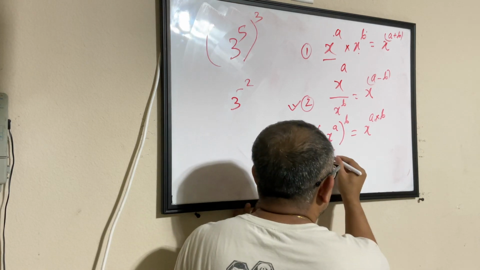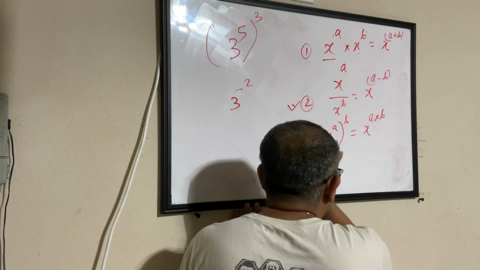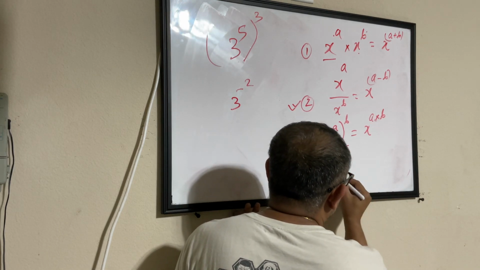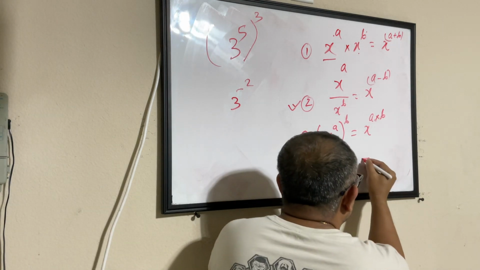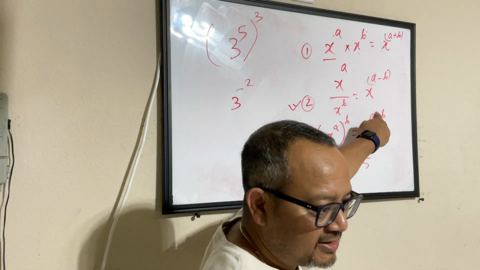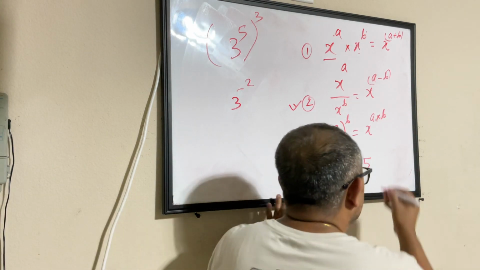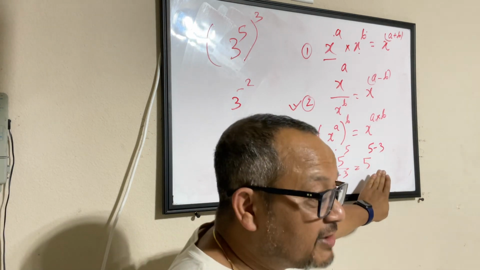Let me not write 3, that will get you guys confused or biased. 5 to the power 5 divided by 5 to the power 3. What does it get us? 5 to the power 5 minus 3. Like this rule. Correct? Everybody with me? This gives us 5 to the power 5 minus 3. We'll keep this rule in mind.